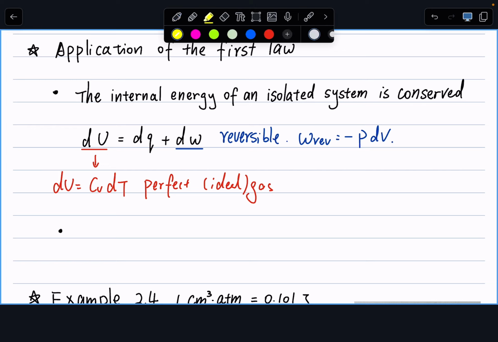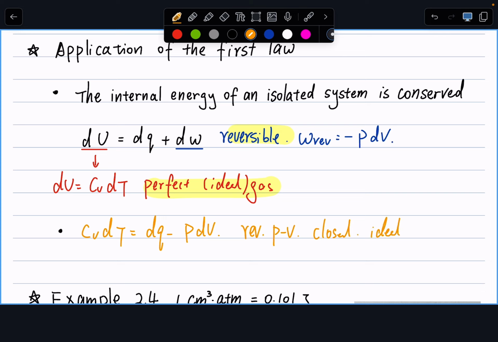Now, if we say we have an ideal gas and a reversible process, then we can rewrite our equation as Cv dt equals dq minus PdV, but only for reversible PV work, closed system, and also ideal gas.